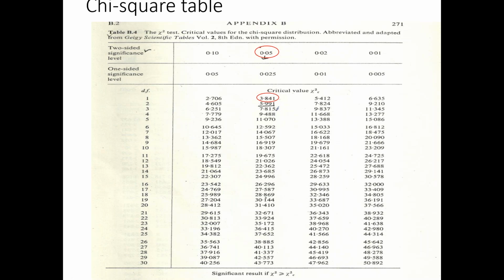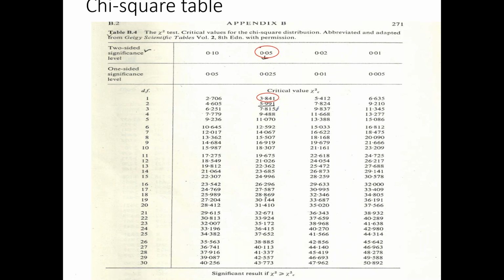So the corresponding value for 12 might be here, 0.001, which is much less than 0.05. So the calculated p-value is less than 0.05.